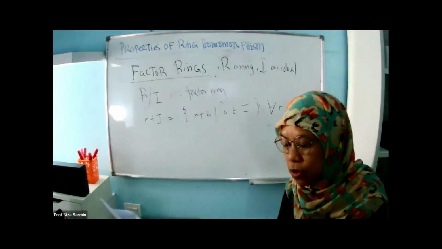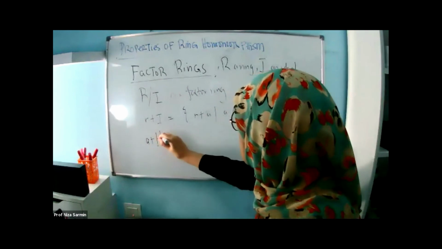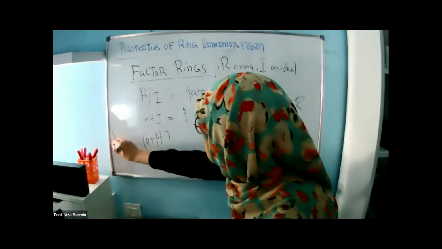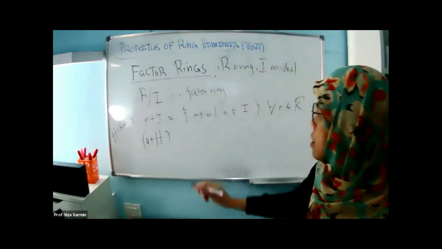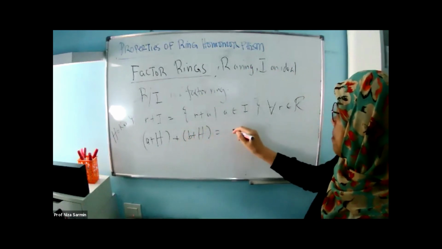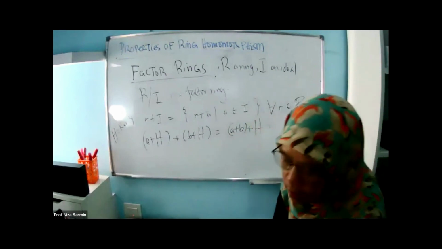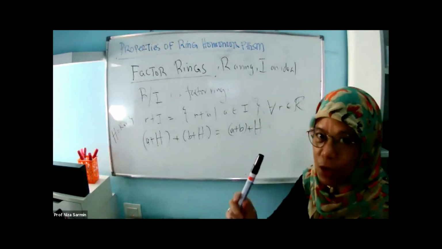So this H, the kernel, is an ideal. And the same thing like group before, this is how we define the coset. Suddenly this marker works. I don't know.